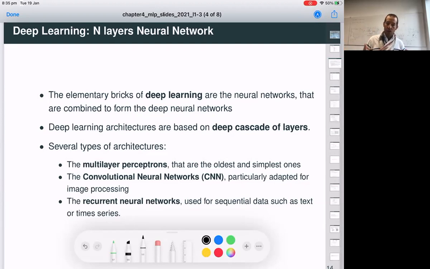And later on, we will have some flavor of recurrent neural networks, which deal with sequential data, like temporal data, and are also used a lot for text data and language processing, like translation and so on. So we'll see this later.